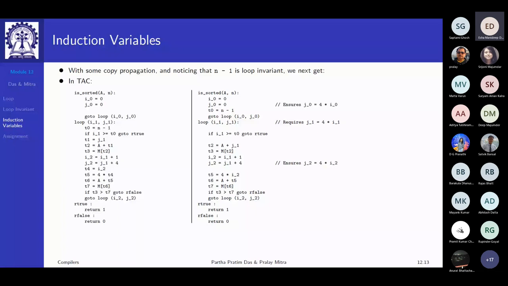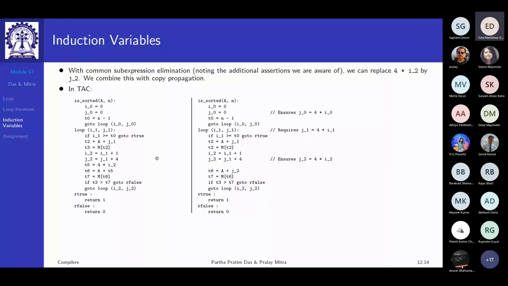Let's go to next. We now have that here we have 4 star I2. Okay? Now, what is 4 star I2? 4 star I2 is basically J2. Okay?